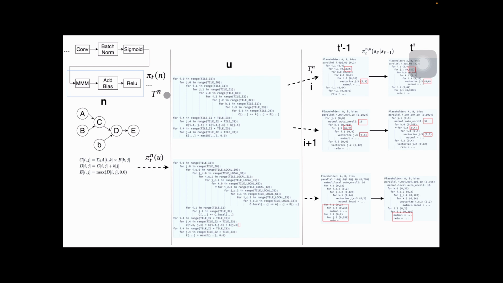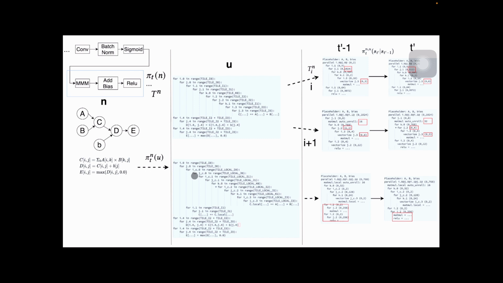And we denote the total number of optimization rounds allocated to this subgraph N as Tn. For this layer, the implementation looks like this. C is the matrix multiplication result, D is the result after adding a bias, and at the end, E is the activation result of ReLU.